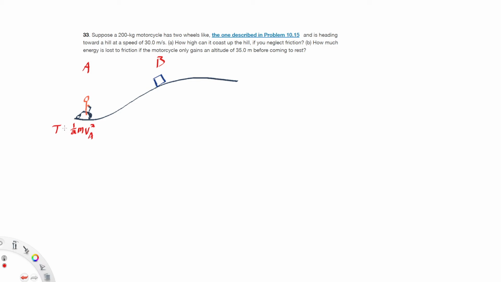We do have one more thing, because not only is the motorcycle going forward as a whole, but the wheels of the motorcycle are spinning. So two kinds of energy at situation A. What about at situation B?